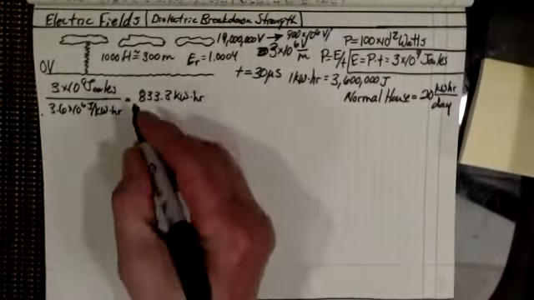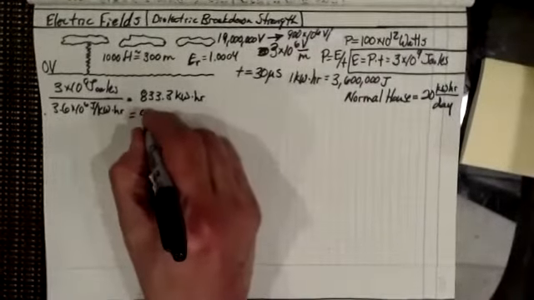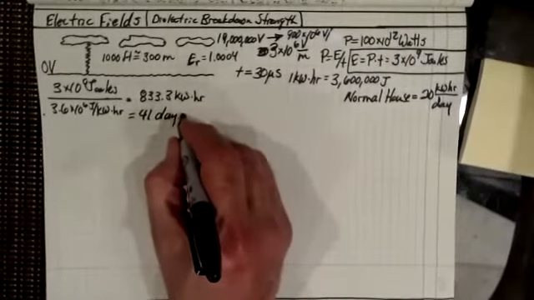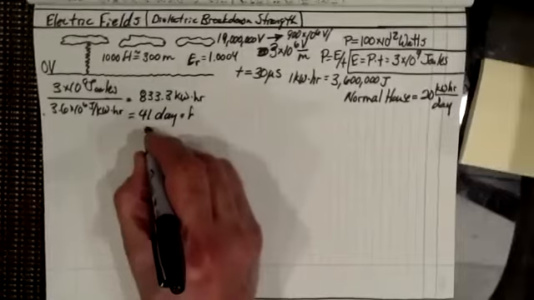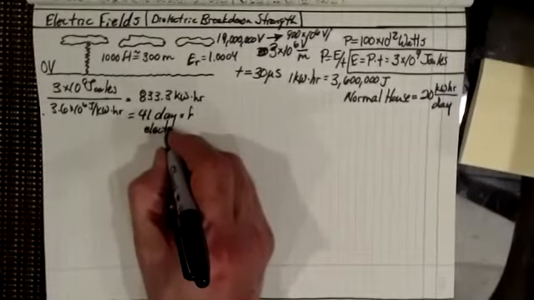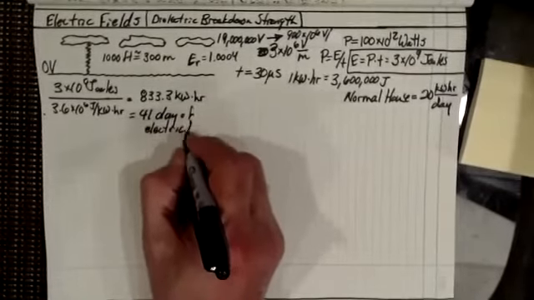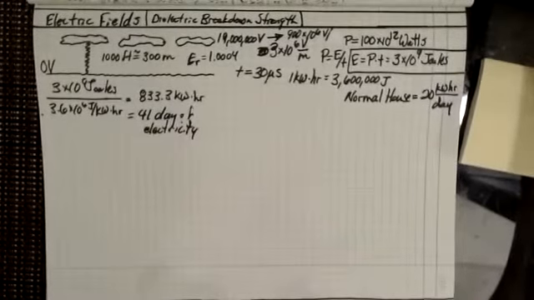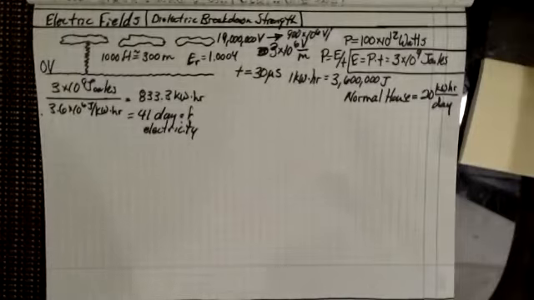So this is equal to about 41 days of electricity for one home in one lightning strike. Does everyone see how I did that?